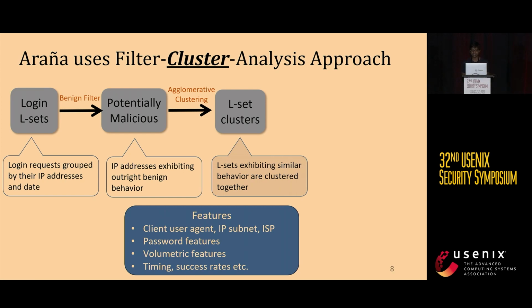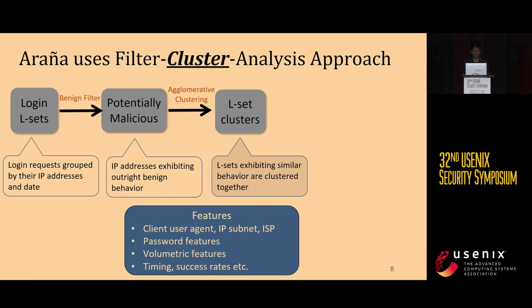Our clustering relies on a rich set of 12 features that includes both nominal and numerical features. Nominal features such as client user agent, IP subnet, and ISP, as well as numerical features such as password-based features, volumetric features, timing features, success, and so on. Applying clustering based on these 12 features is not straightforward.